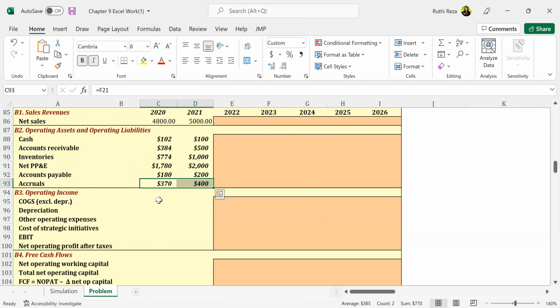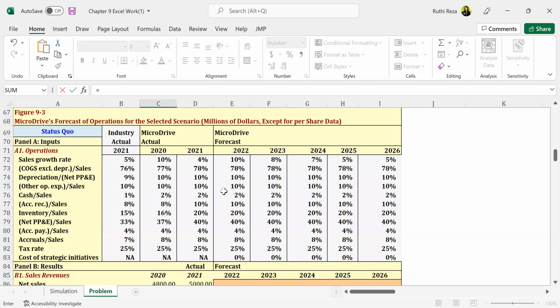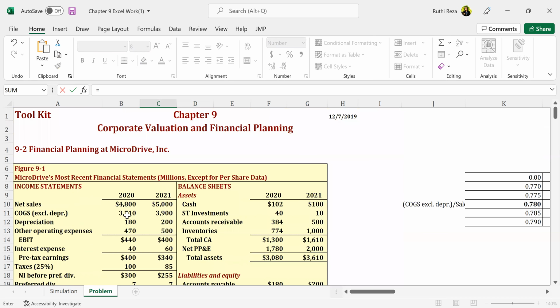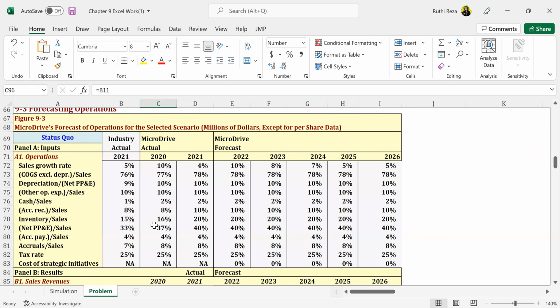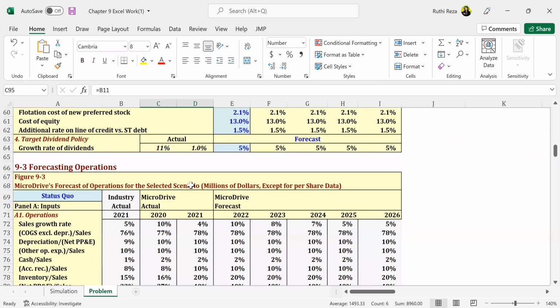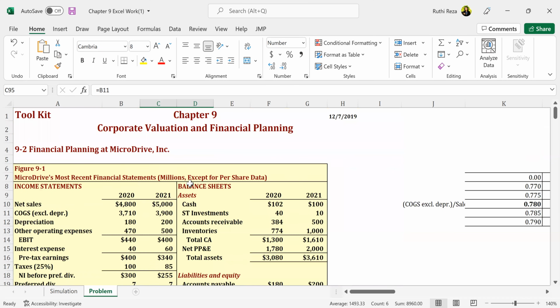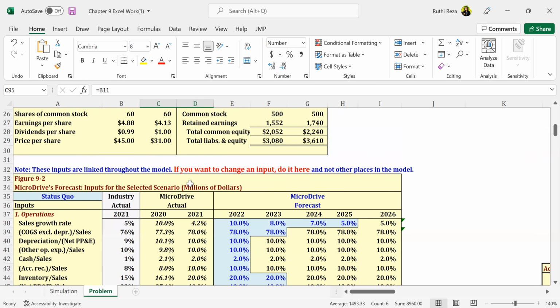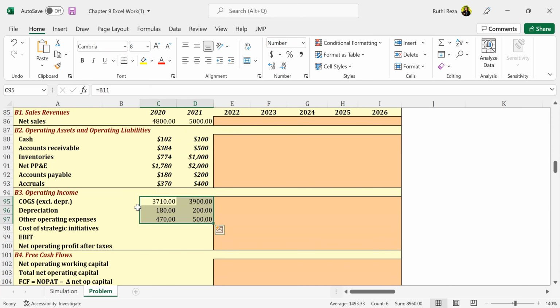The same way, let us also copy our operating expenses. First, cost of goods sold, then depreciation, other operating expenses. We don't have any information related to cost of strategic initiatives, so let us just keep it blank.